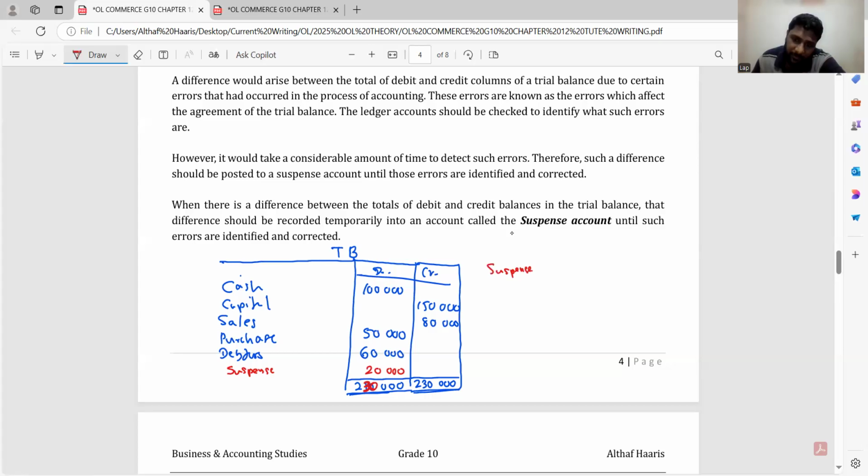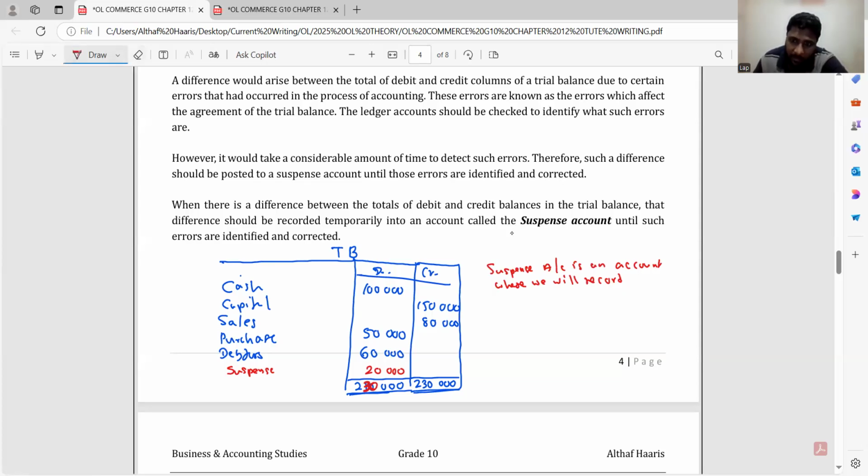The suspense account is an account where we will record the missing value in the trial balance temporarily, until we correct the errors.